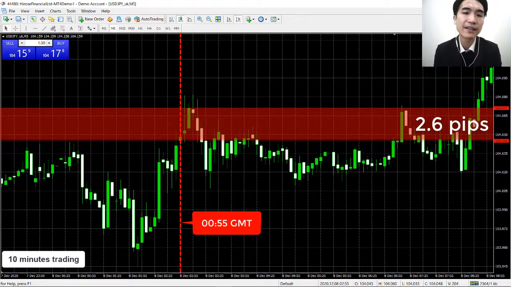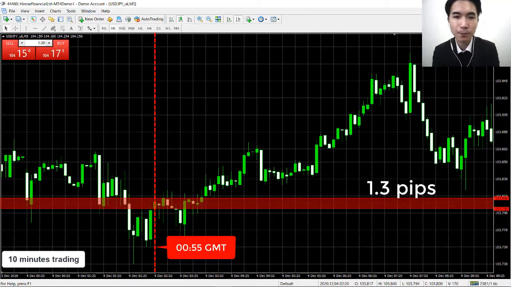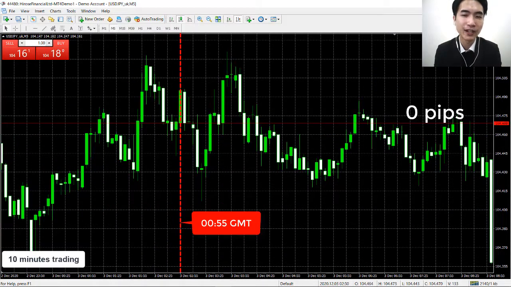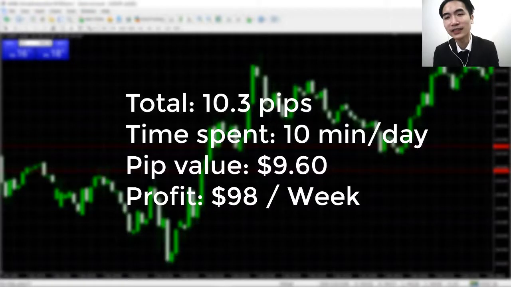On the 8th of December, it moved by 2.6 pips. 7th, it moved by 2.5 pips. 4th, 1.3 pips, and the third, it didn't move again. But on the second, it moved 2.7 pips.